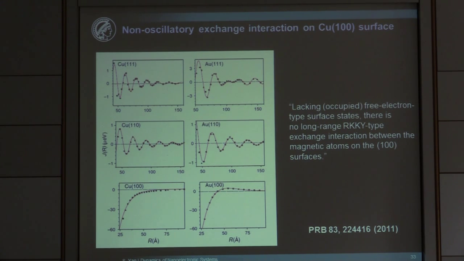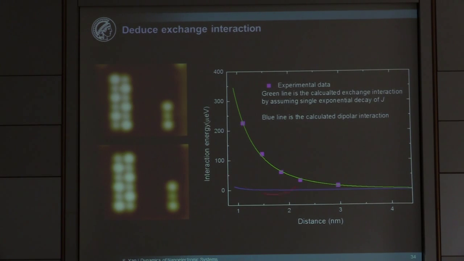By using this model, I also assume the interaction on the surface just decays exponentially. So the pink dots are my measurement, and the blue one is the fitting, assuming the exchange interaction just decays exponentially as a function of distance.